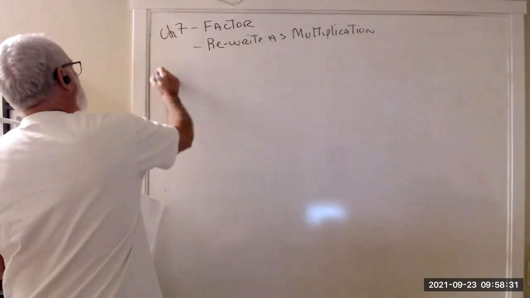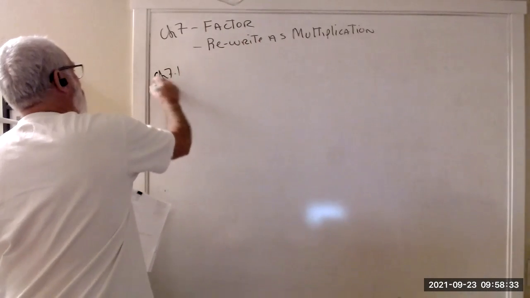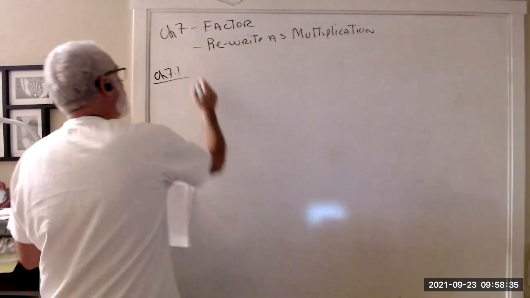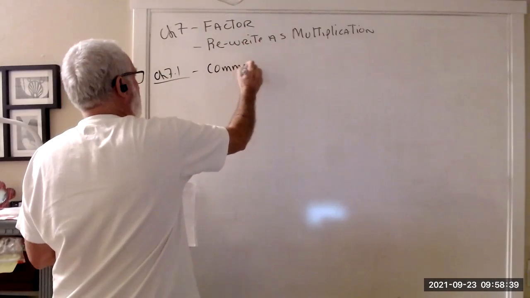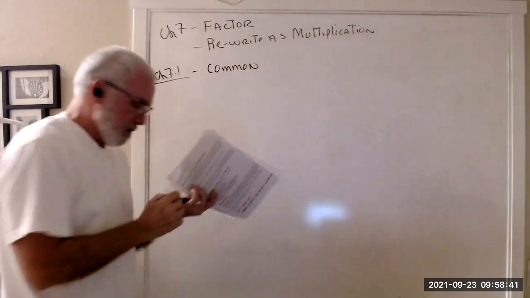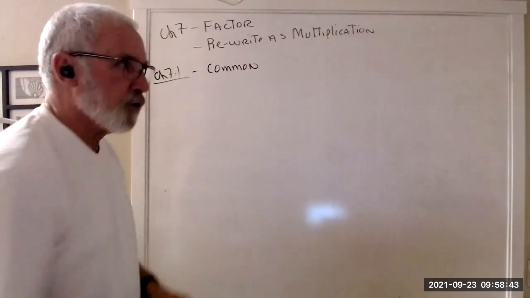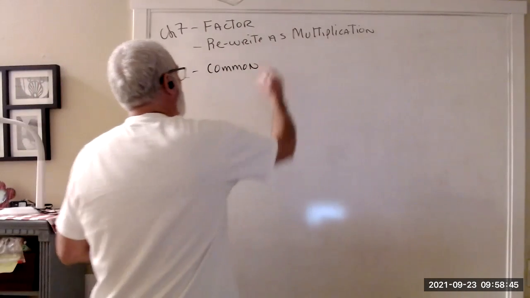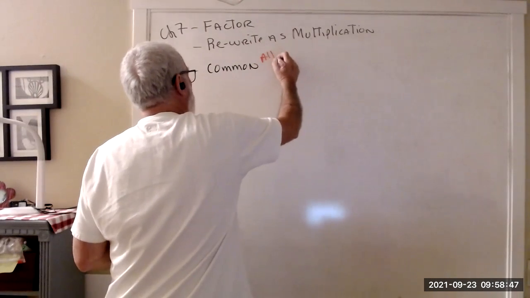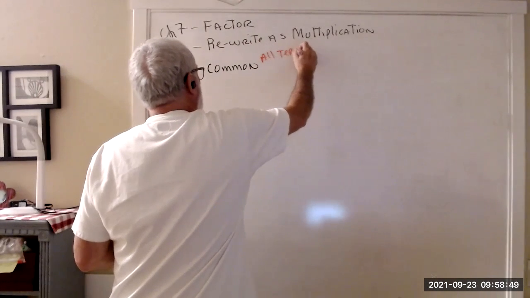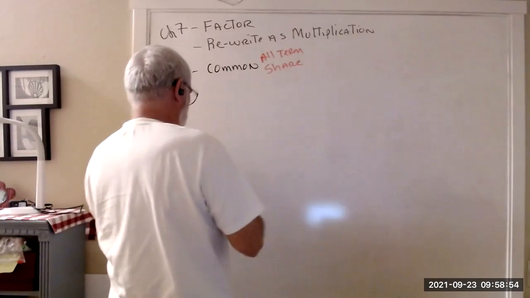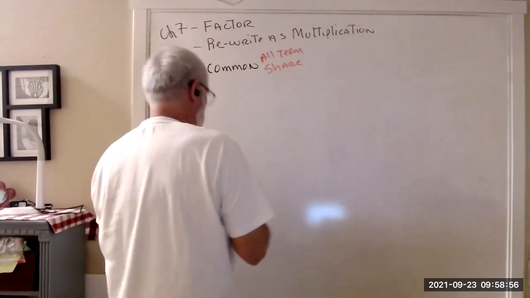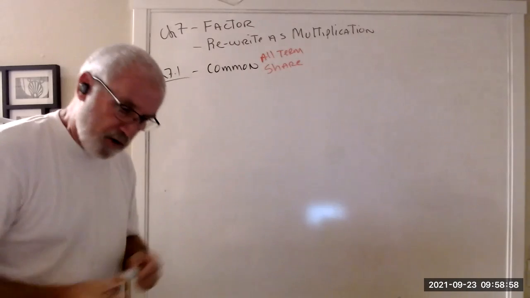So in chapter 7.1, the first thing we did is we looked for something that we called common. Common means all the terms share it. All terms share something. Stress on the word all the terms. So here's one example.